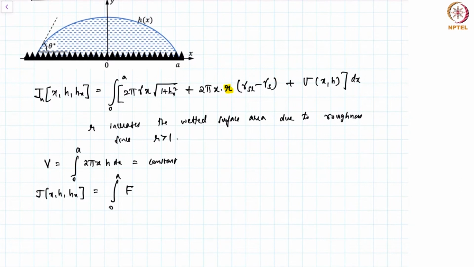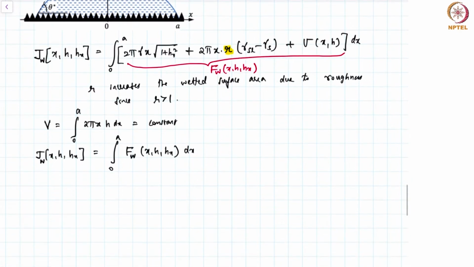Let's put a subscript w to state that this energy functional is for the Wenzel state. I have fw of x, h and hx dx, and this quantity f is fw of h and hx.